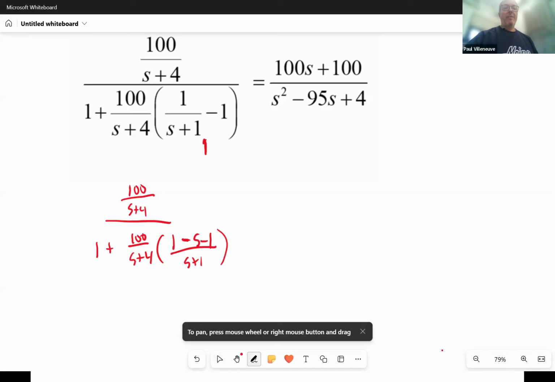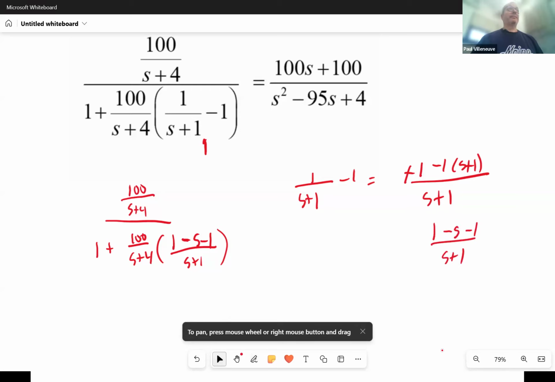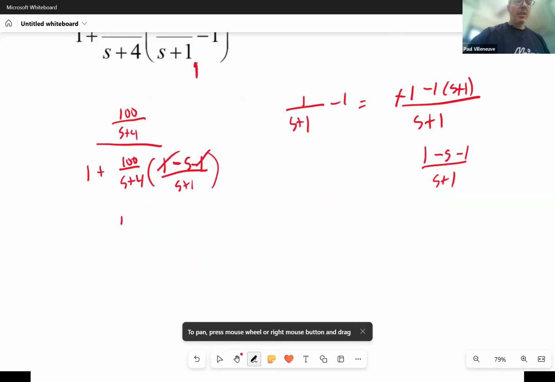S plus 1, if I put this whole thing under S plus 1, then I have to multiply the numerator. Here, I might have done it too fast. Right? And then when I multiply that out, I have -1, not -1, +1. Minus, so this is 1 minus S minus 1 over S plus 1, if I write it out. So then I have this. These two terms will cancel. And all I'm left with is -S over S plus 1.